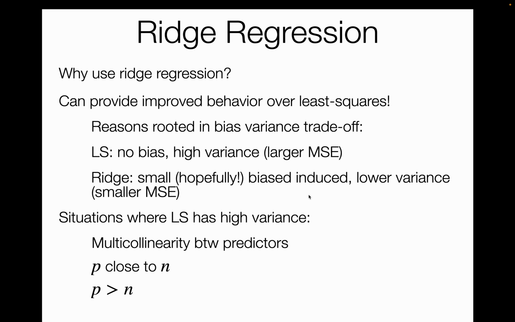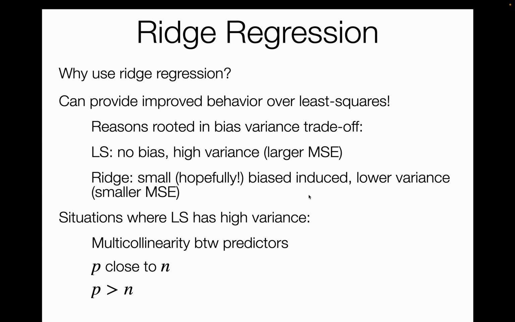As it gets bigger, it gets closer and eventually gets to the truth. But in the small sample case, high variance. And so the question is, do you really trust that estimate? So least squares is no bias, high variance, which means larger mean squared error, generally, for our purposes.